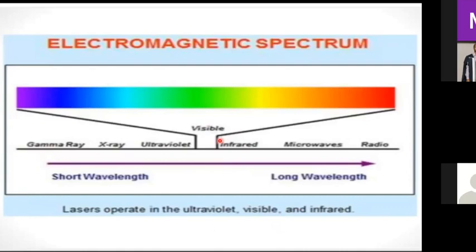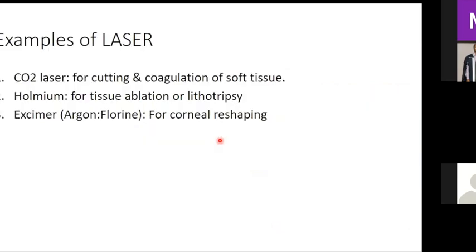So now, what are the examples of laser? It could be carbon dioxide laser, which is used for cutting and coagulation of soft tissue, or it could be holmium YAG, which is for tissue ablation or lithotripsy, mostly in urology. There's also excimer, which is also called argon or fluorine.